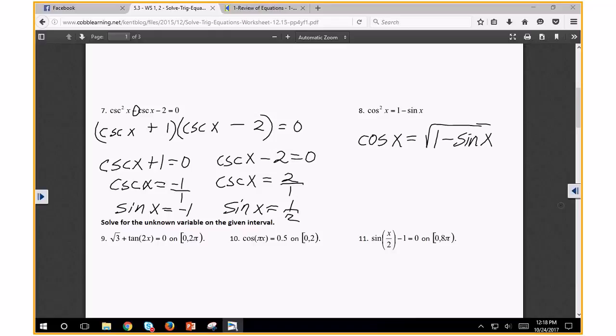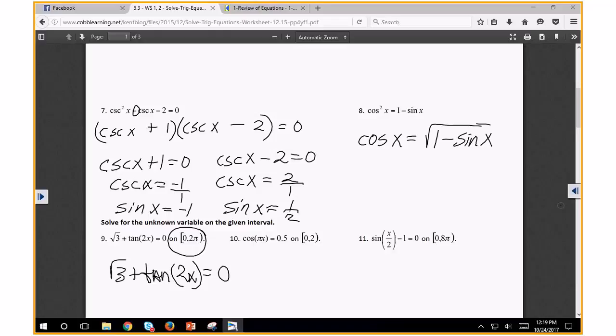Now, what's the difference between the first 8 that we did and these? These are telling you what? The area to limit yourself to. So, in this question, square root of 3 plus the tangent of 2x is equal to 0. You solve it, and then you ask the questions that we've been asking about where's the angle and what quadrant it is in.